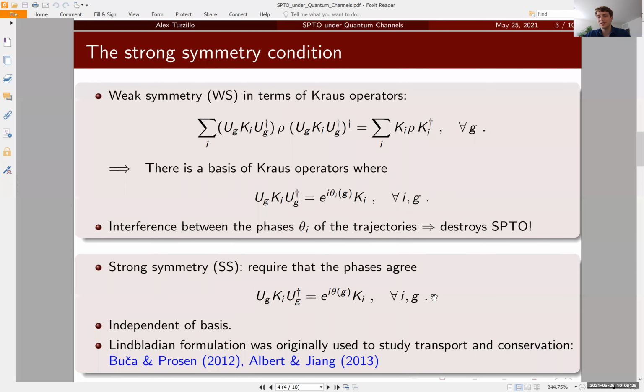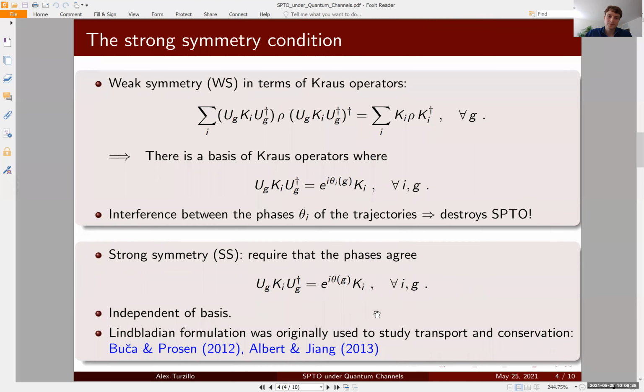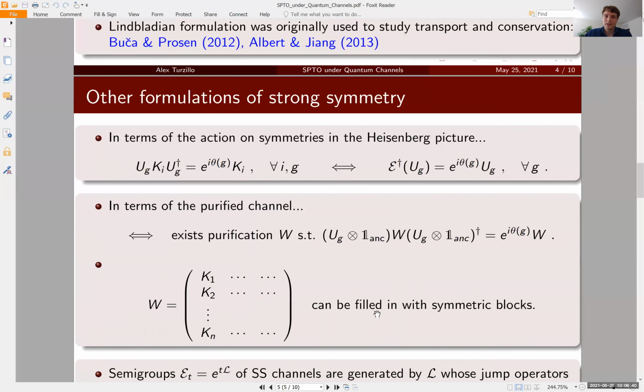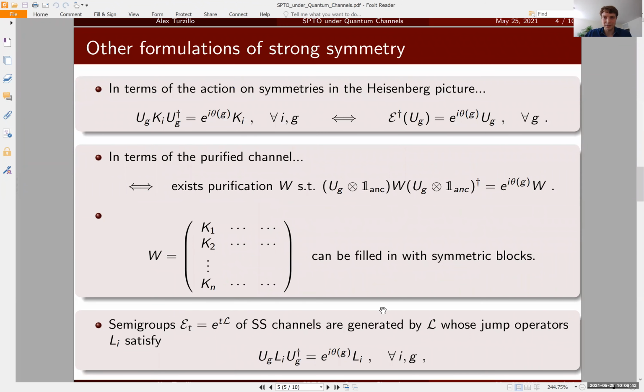And before continuing, I should mention that this condition has been written down before in the references here, though it wasn't discussed in the context of SPT order. So to build a little more intuition for what the symmetry condition is doing, let me put it in other terms.